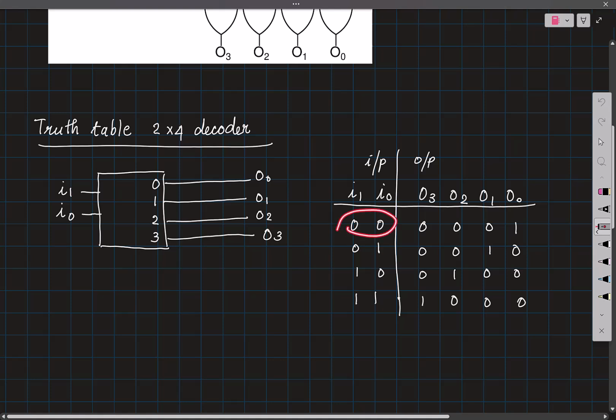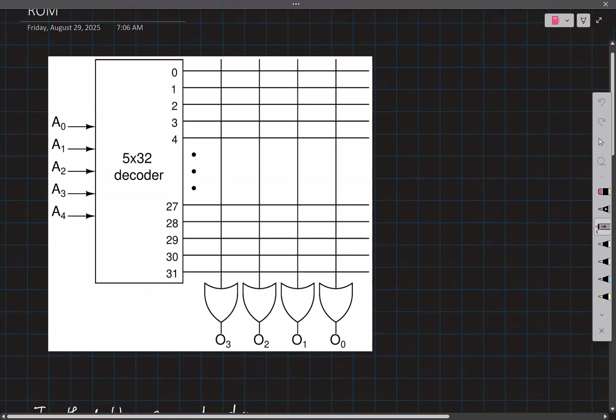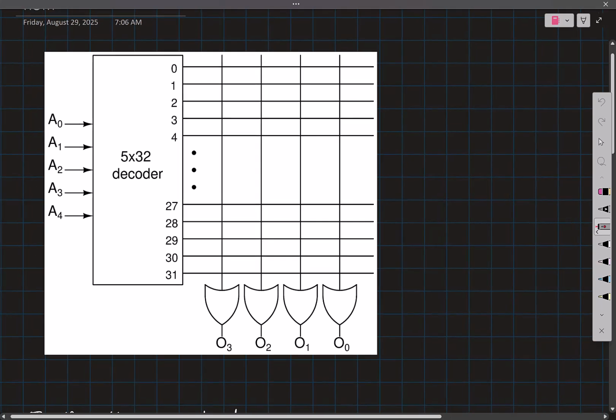So if this is 0, then O0 becomes 1. This is 1, O1 becomes 1. For 2, O2 becomes 1, etc. Right? So at any given time instant, depending on the values of the address bits, you will have only one of the lines going high.